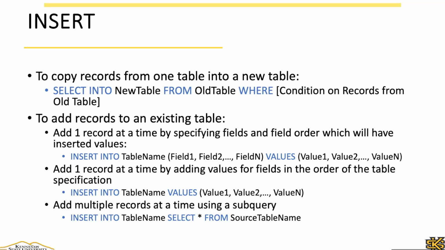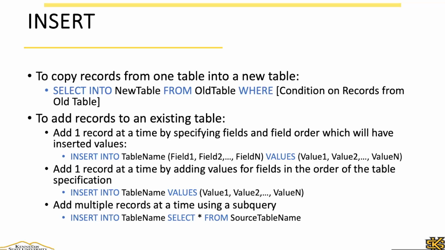Alternatively, if we want to insert values based on the field order in the table schema, we don't need to specify the field names. We can simply write insert into followed by the table name, values, along with the values in the same order as the table schema.